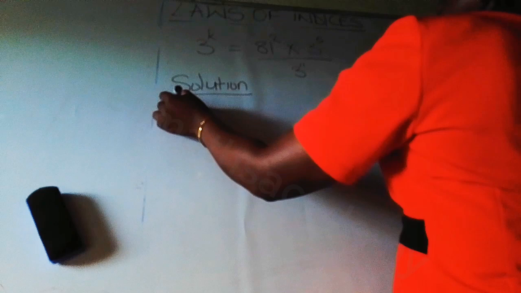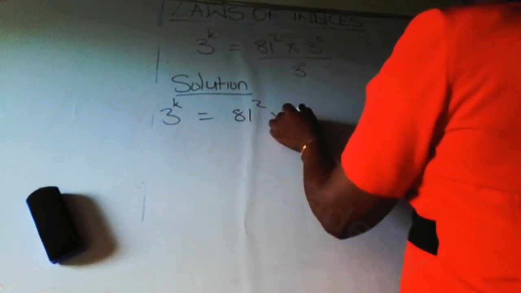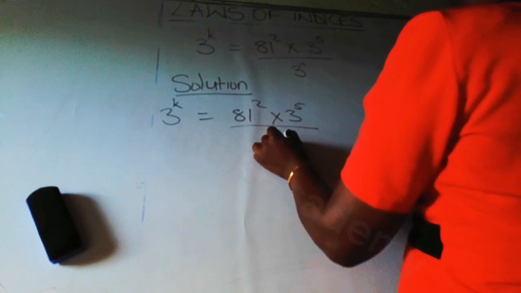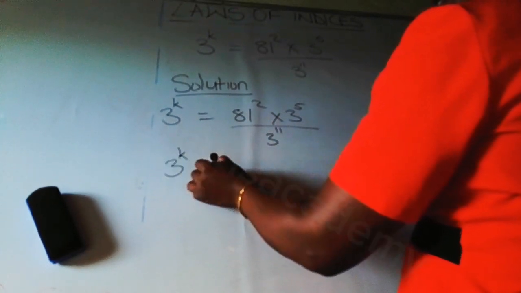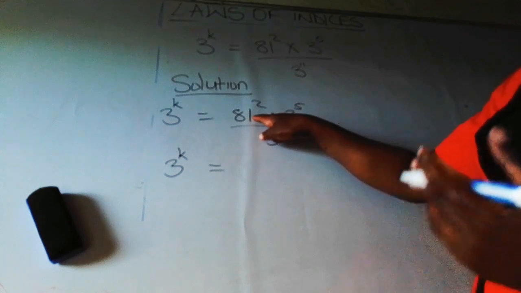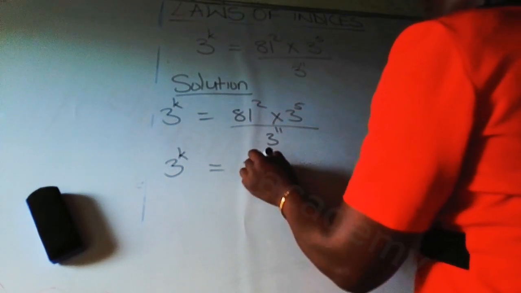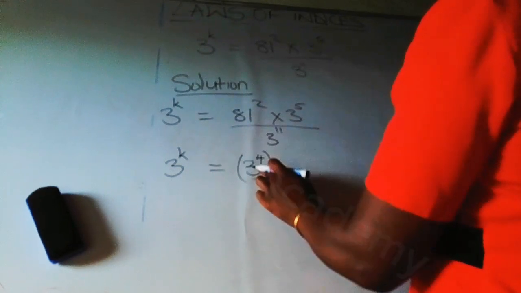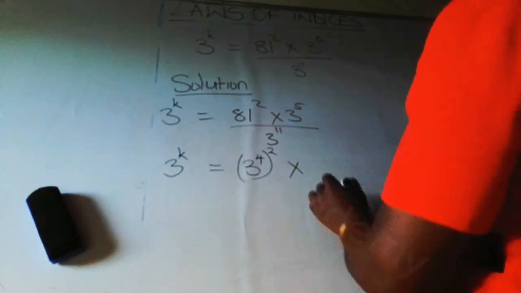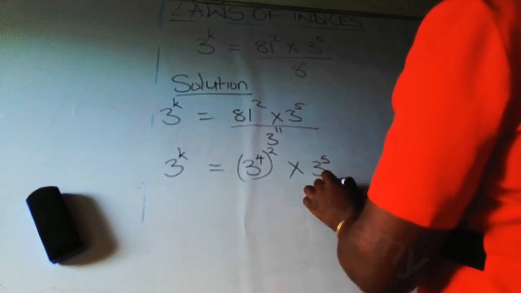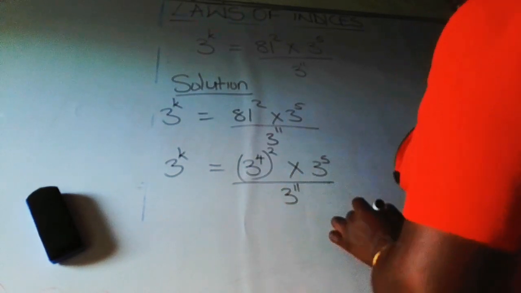We have 3 to the power of k is equal to 81 squared times 3 to the power of 5 over 3 to the power of 11. 81 is just the same as 3 to the power of 4, right? So it's 3 to the power of 4, that's our 81, then squared, times 3 to the power of 5 divided by 3 to the power 11.